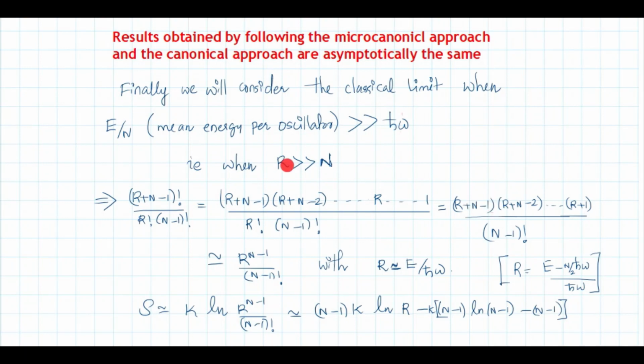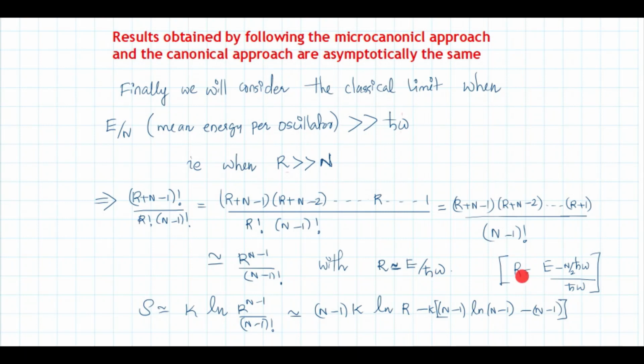Since R is very much greater than N, you can neglect the N minus 1, N minus 2 and so on. So there will be N minus 1 R's multiplied together, and you can write it as R raised to N minus 1, divided by (N minus 1) factorial.